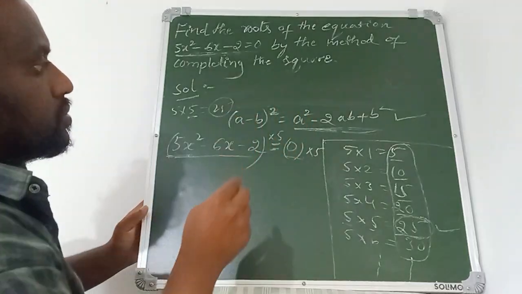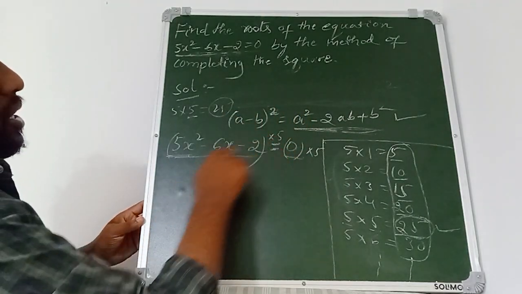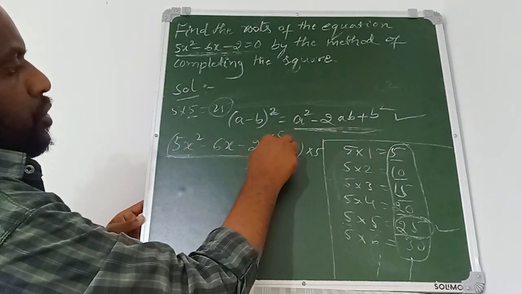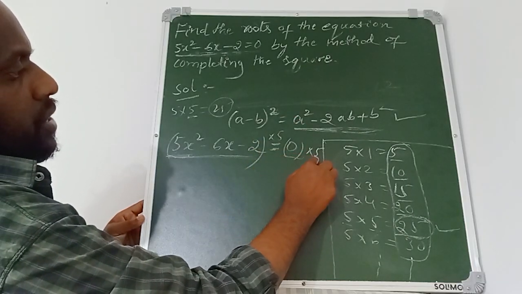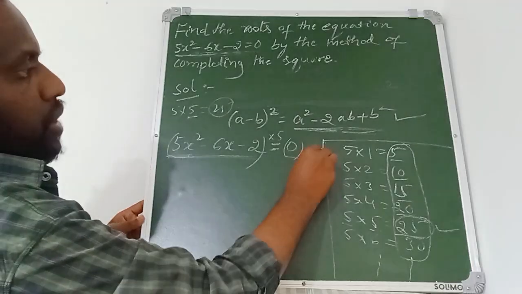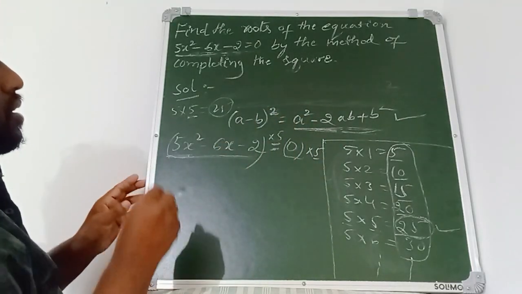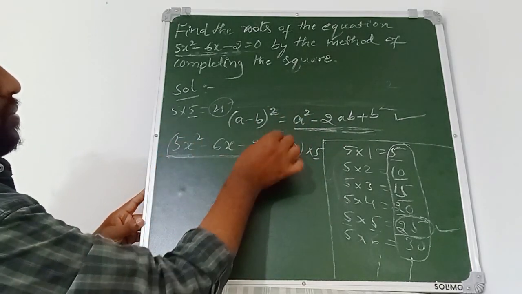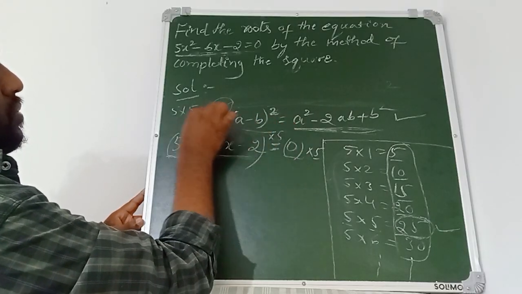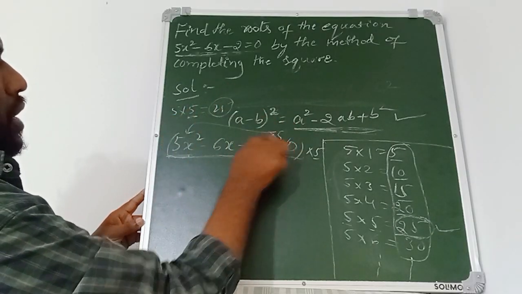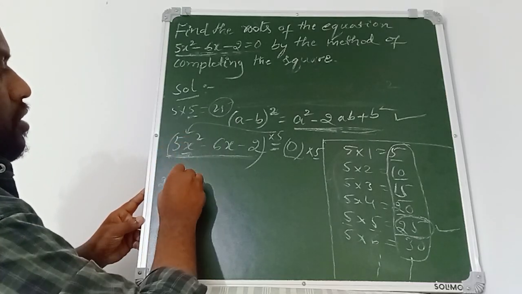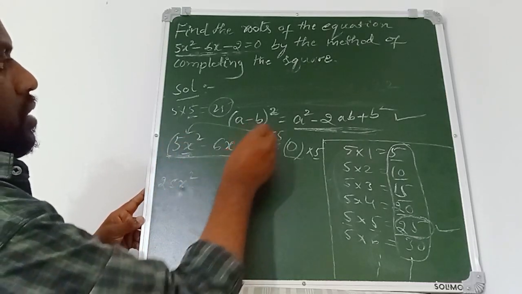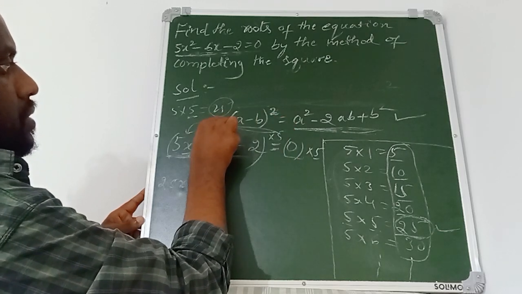Into 5. This entire thing is going to get multiplied by 5, and this also is going to get multiplied by 5. Now multiply 5 into 5, 25. This x square will be as it is. Next, this 5 into here.